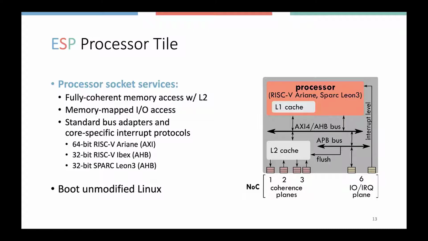And if the level 1 cache expects some specific protocols for coherency, then we need to have a little translation unit on the bus such that we can interact with our own protocol on the network on chip.